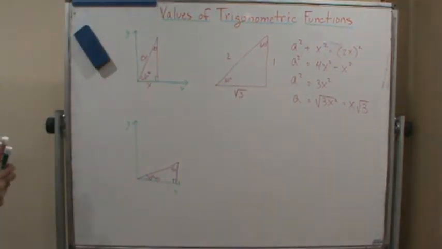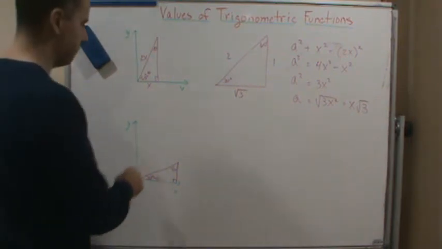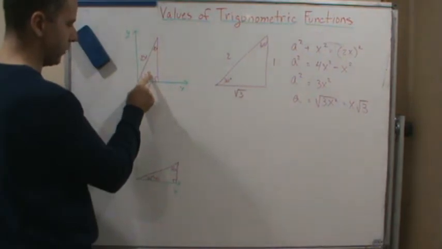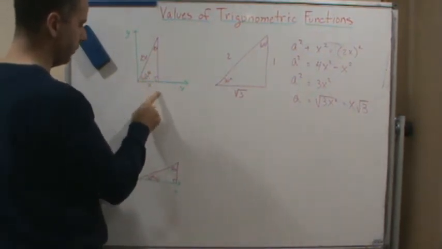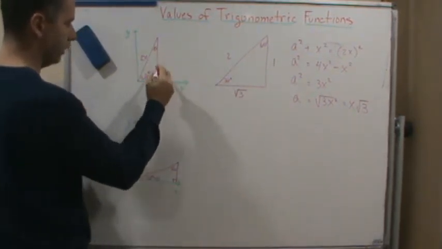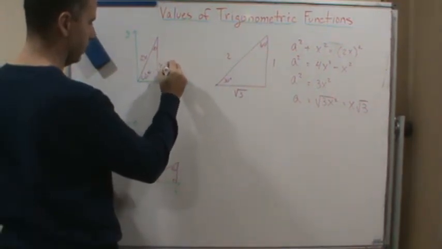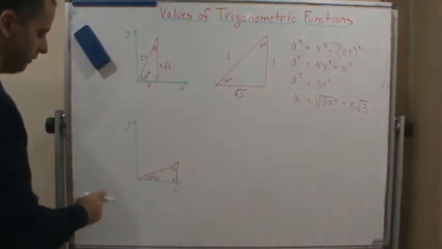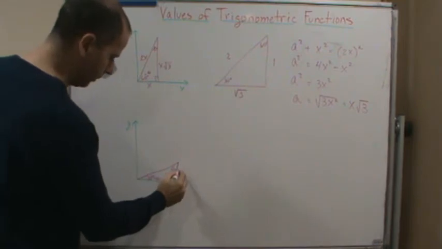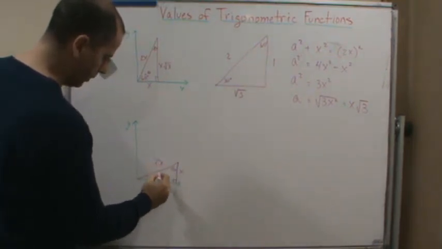And so we get this relationship for a 30, 60, 90 triangle. That means that if I have a 60-degree angle for theta, I can label all 3 sides. If I have a 30-degree angle, I can still label all 3 sides.